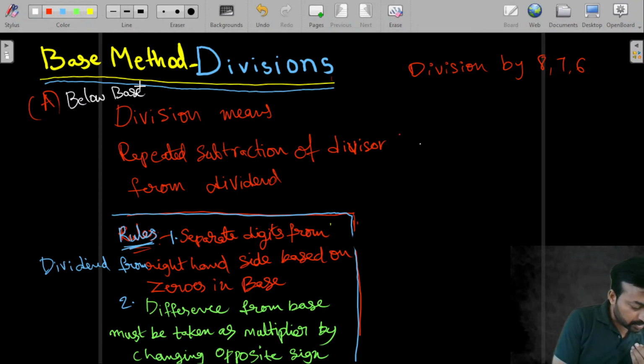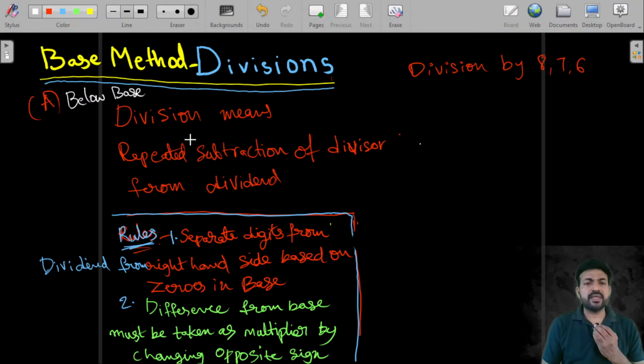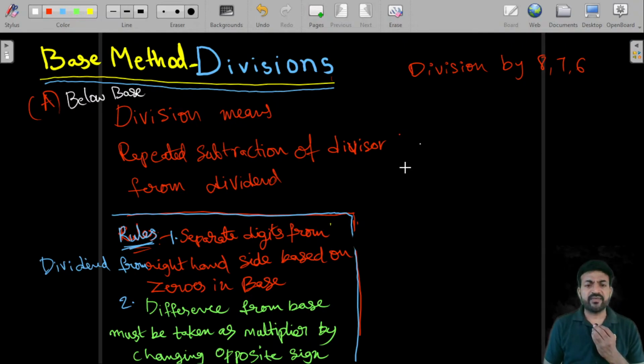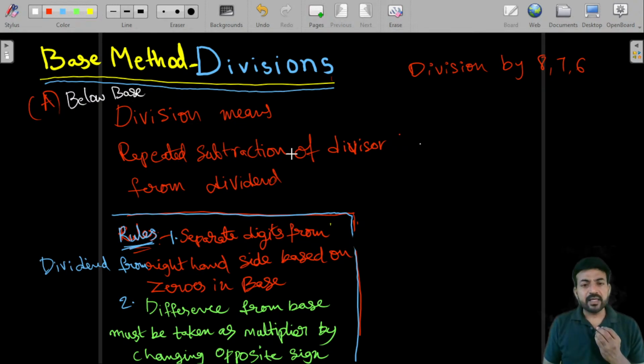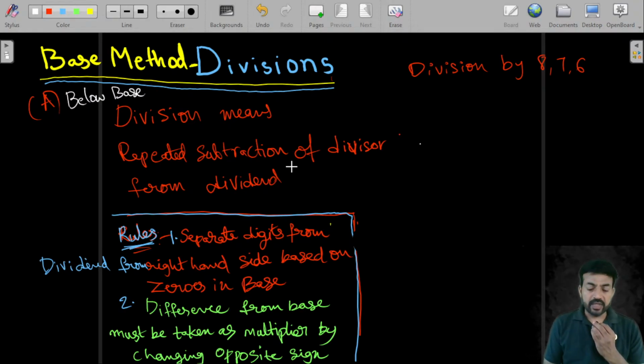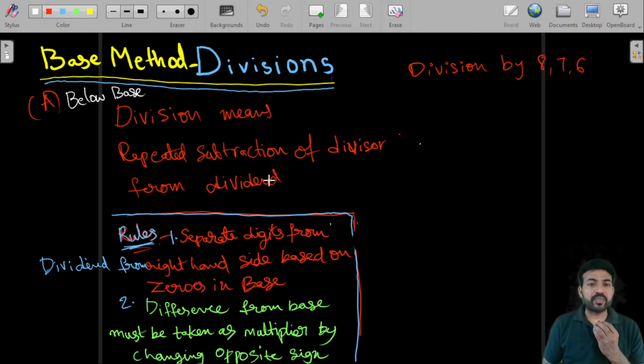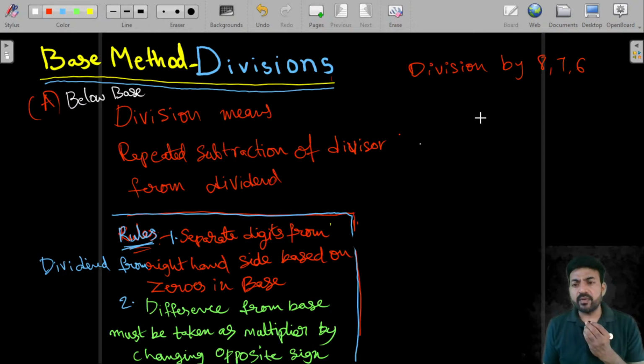Okay, good. So you must remember this repeated subtraction of divisor. If you find any remainder more than the divisor, you have to divide again, or subtract again, because division means repeated subtraction of divisor from dividend. For example, 13 is there.